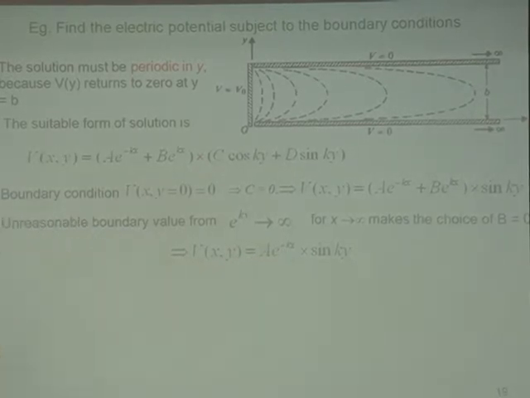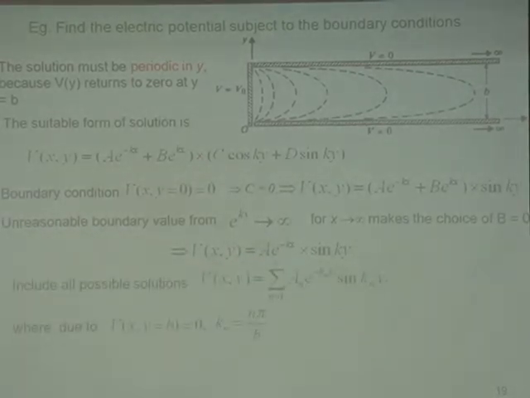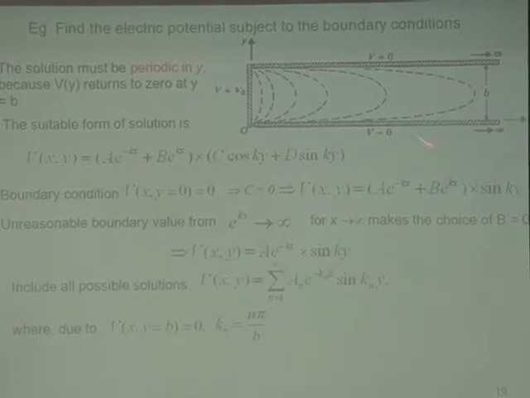Okay, so the third boundary condition is going to give you an eigenvalue because at y equal to b, it has to be equal to 0. 所以当你把 b 这个 y 等于 b 带进来的时候，kb 必须是 m pi 的整数倍。Therefore, you have this eigenvalue, and any integer number of n is a solution. So you do an infinite sum to get you the complete solution.